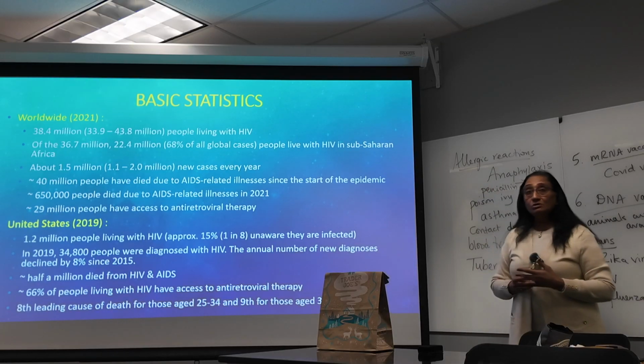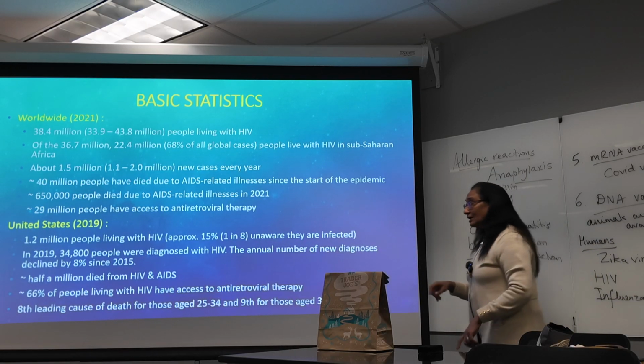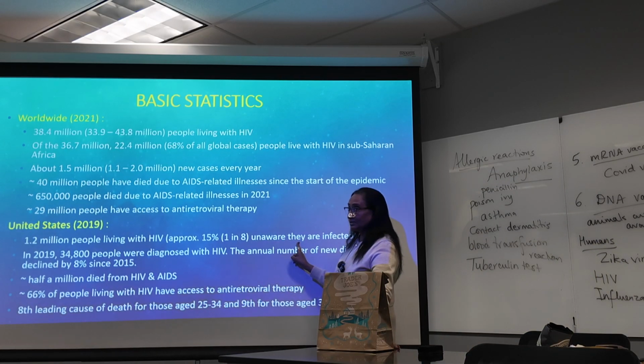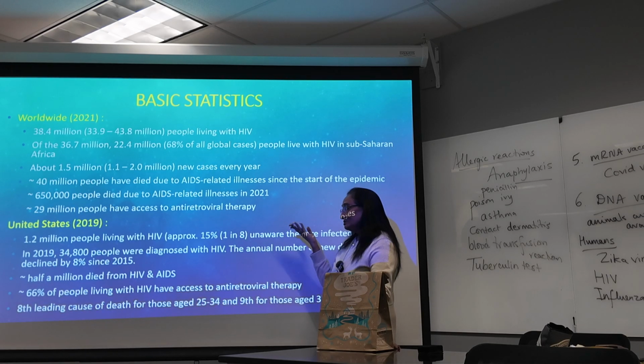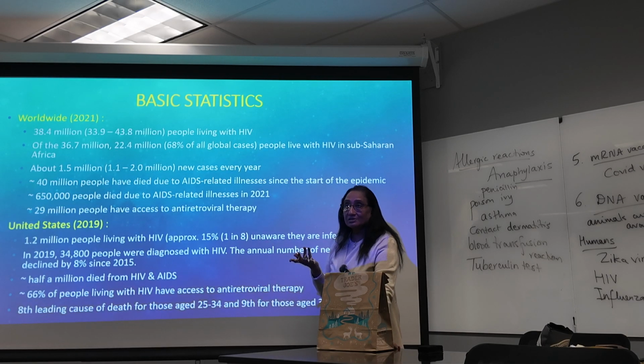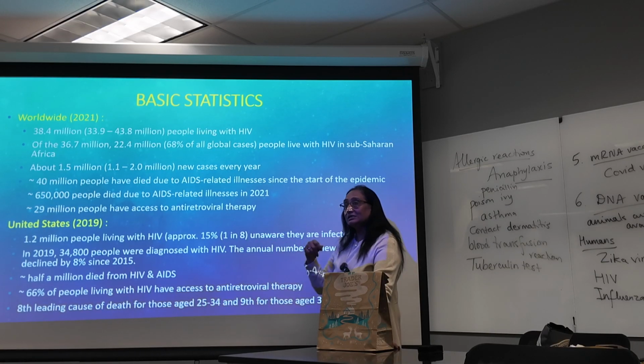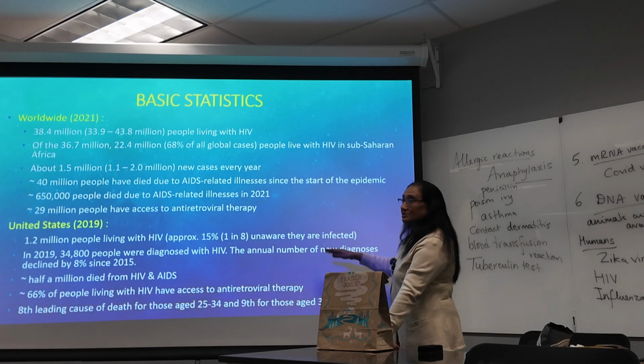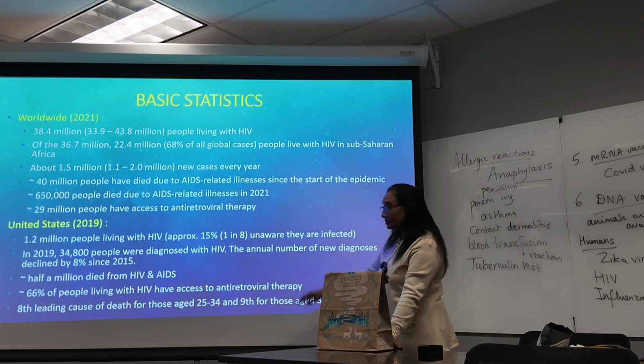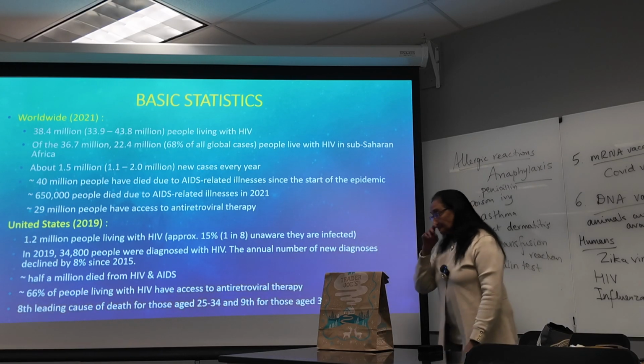Okay, and also 1 in 8 of these people are unaware that they are infected. That's the beauty of these viral infections. You may not know that a person is infected unless they go for the specific test, because it doesn't cause any symptoms.